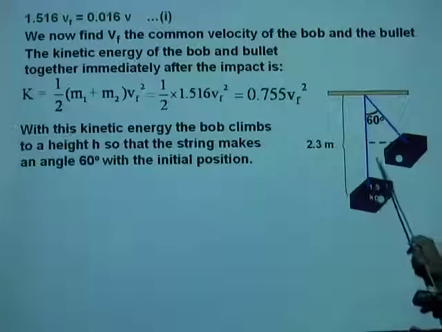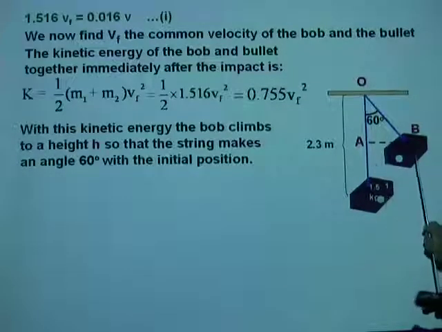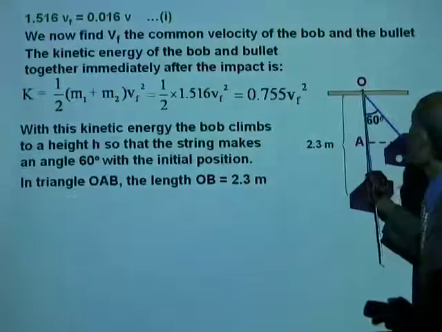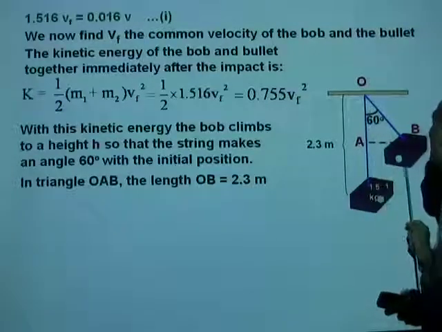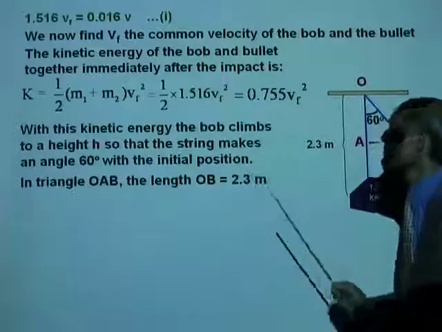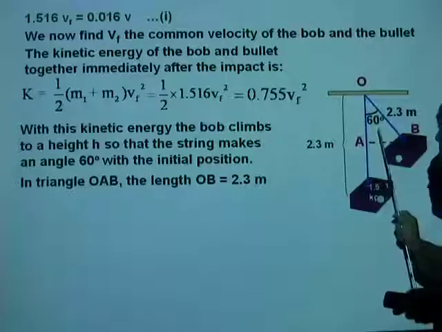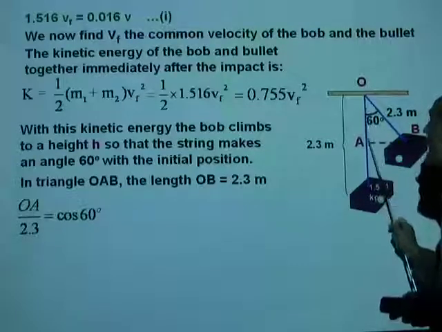If this is O and this point is A, then in the triangle OAB, the length OB, which is the length of the pendulum, is given to be 2.3 meter.